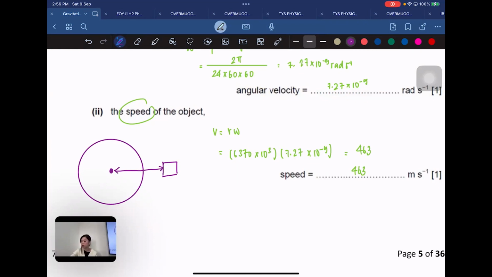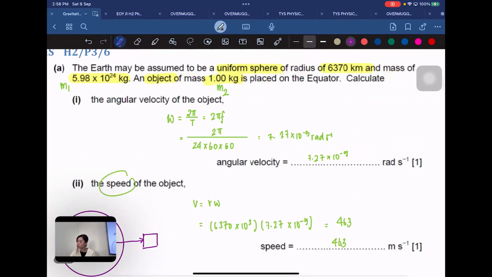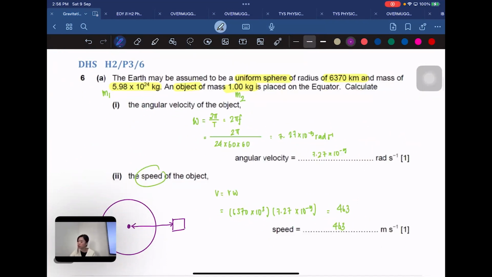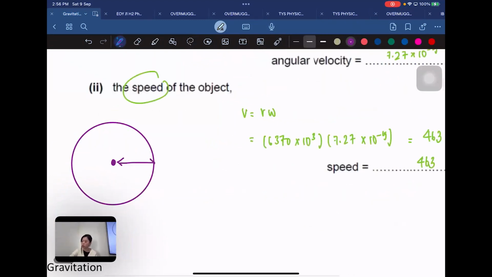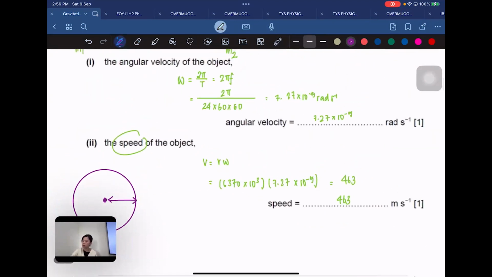Which means to say, if my object is placed on the equator, that means I want to shift this down a bit. My distance between the two objects is therefore equivalent to the radius of the object.